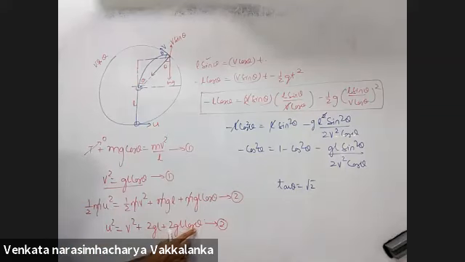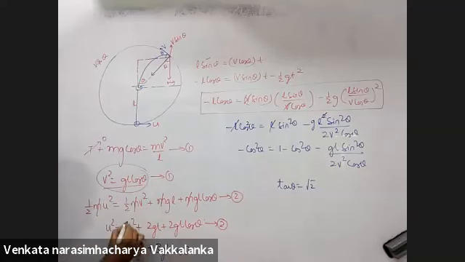Now from there, you know what next needs to be done. From tan theta, once you get cos theta, substitute here and eliminate V. Technically, from these two equations, u square is equal to v square plus 2gl plus 3gl cos theta.